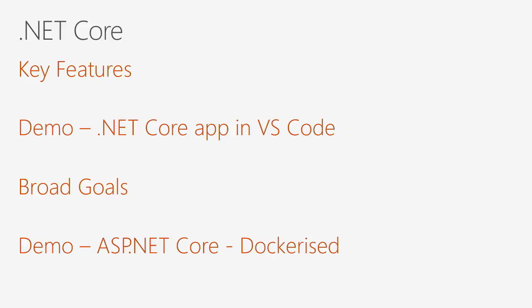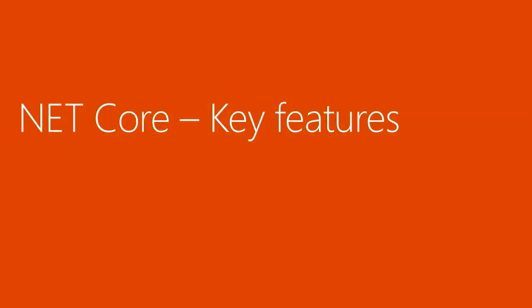Then I talk about the broad goals this new piece of technology is going to tackle, and another demo about ASP.NET Core and how to use Docker. The demo will be on my local machine, but you could probably do the same thing with Windows containers and Azure containers as well, because the client is Docker. It's the same client, just the libraries are different.